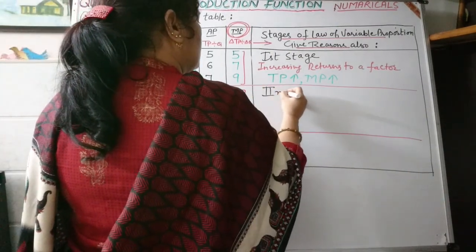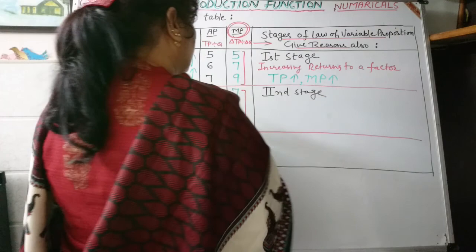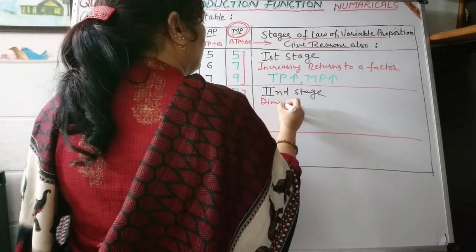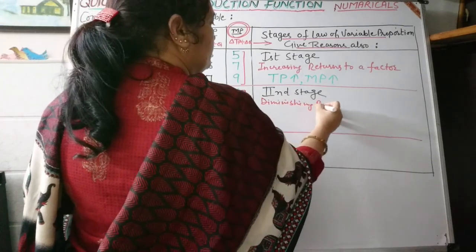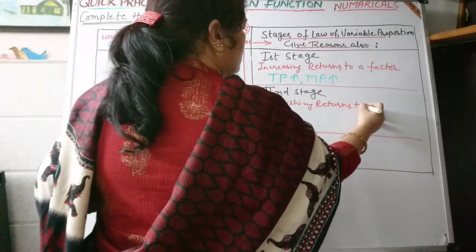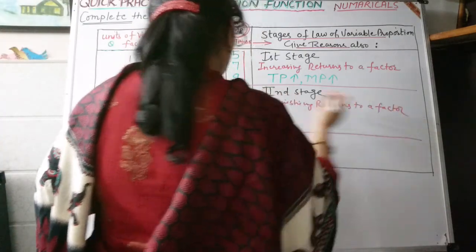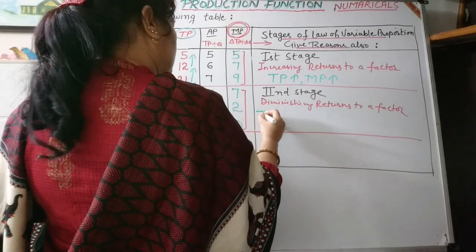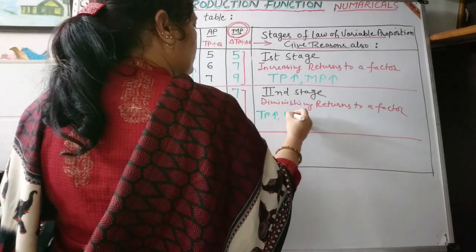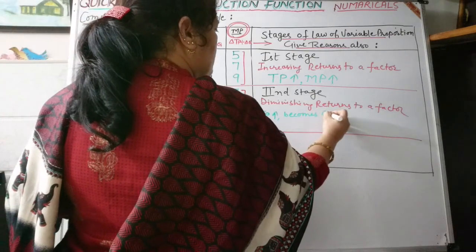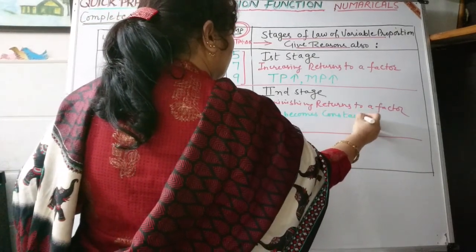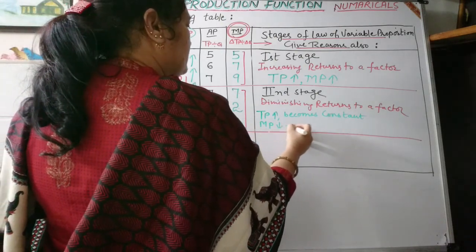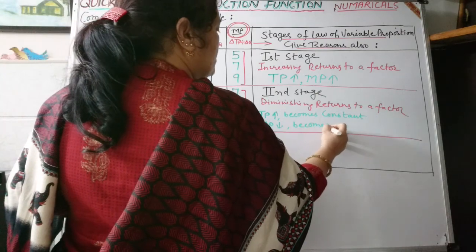This is the second stage, which represents diminishing returns to a factor, and diminishing returns to a factor represents TP increases and becomes constant, MP diminishes and becomes 0.